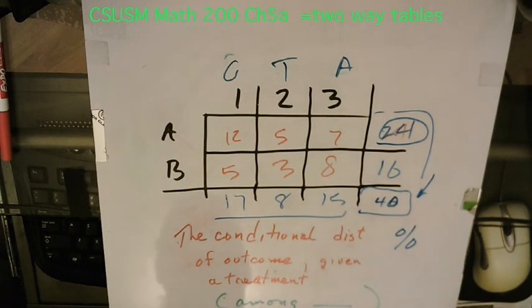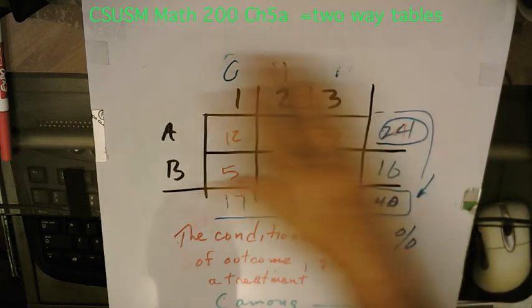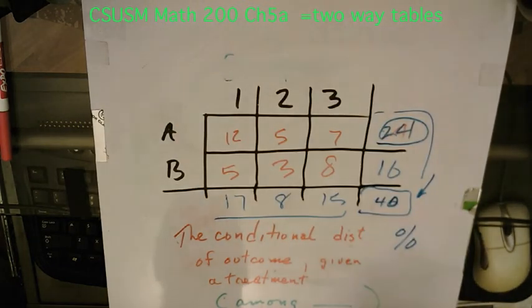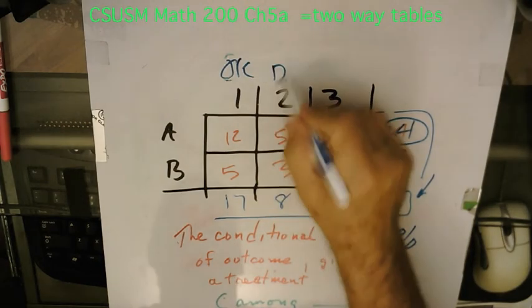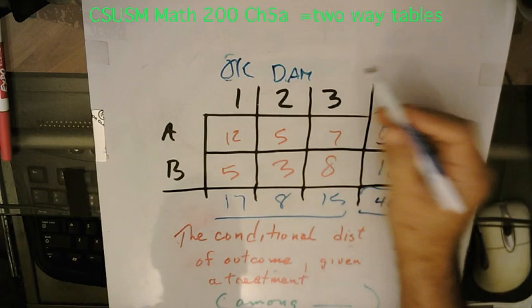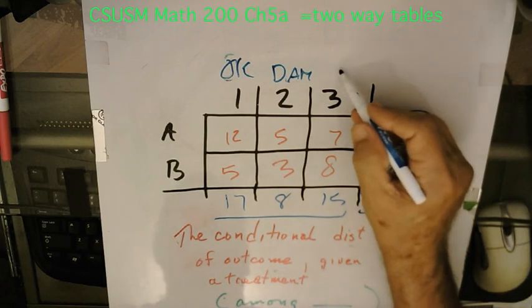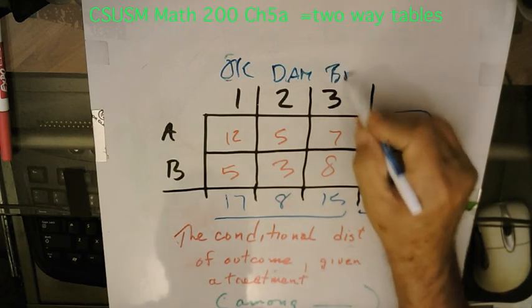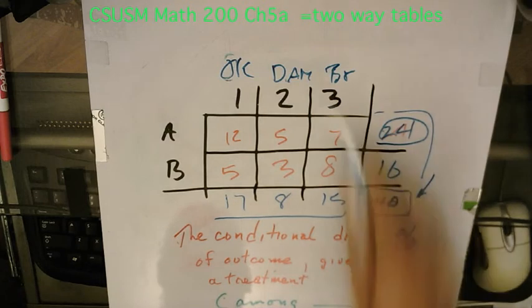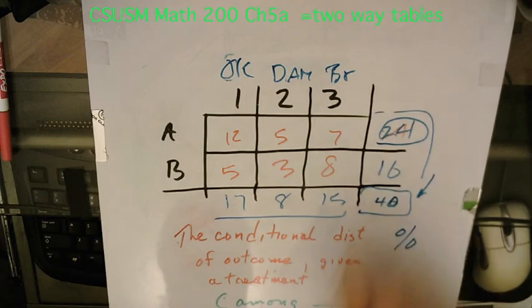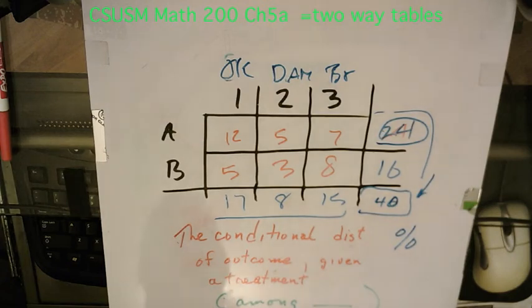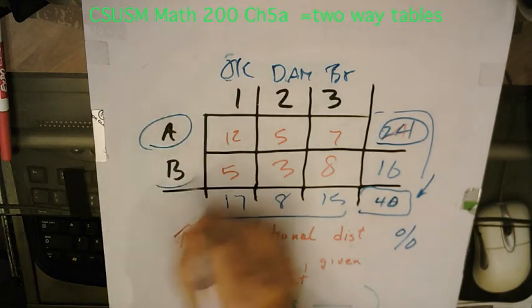And we'll say the outcomes were okay, damaged, and broken, completely broken. So in terms of this kind of table, the outcome would be it's okay, it's a little bit damaged, or it's broken completely. So we say the conditional distribution of the outcomes, given what? Given this kind of packaging A, or given packaging B.